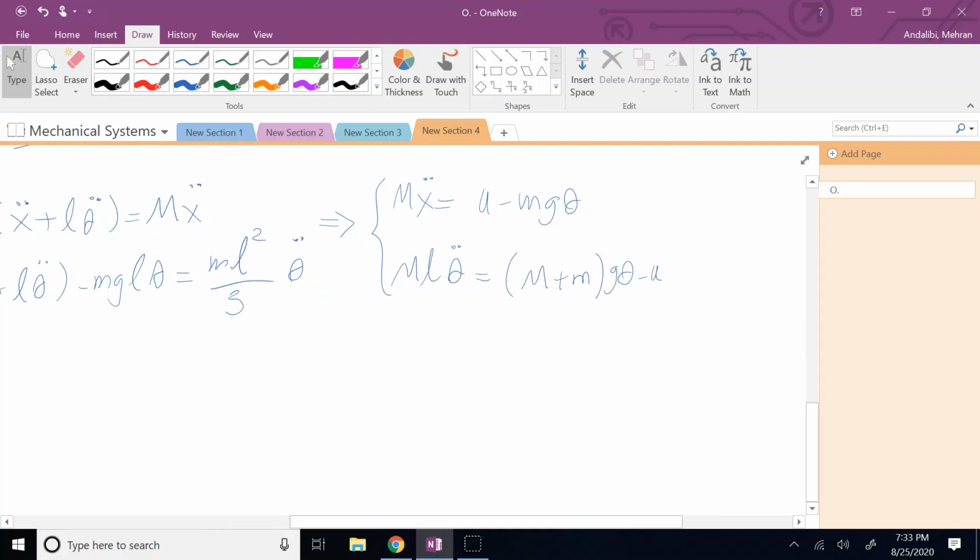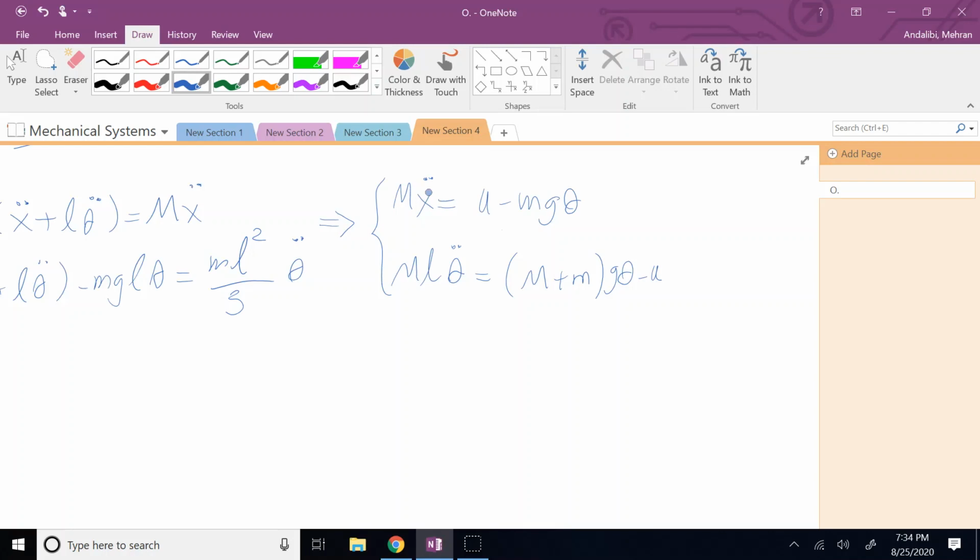So again, if you solve from these equations for theta double dot and x double dot, that's what you get. And now these final equations are ready to be used for the state space representation.